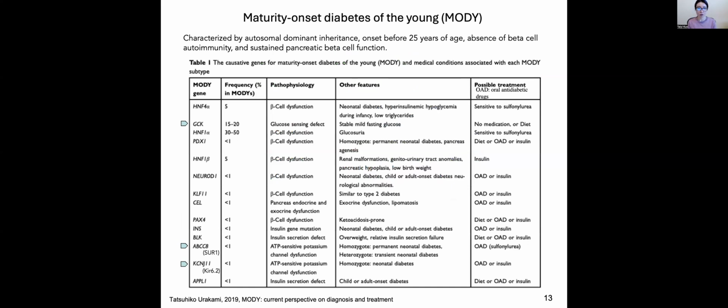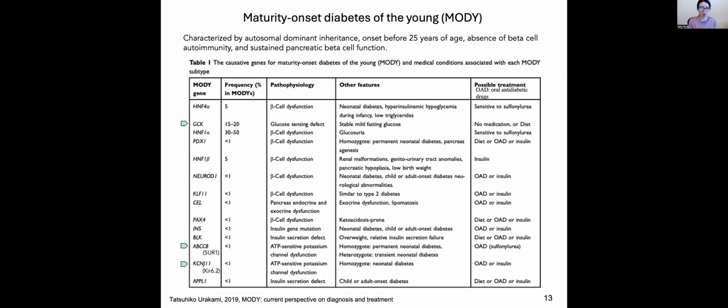Okay, so we talked about type 1 diabetes and type 2 diabetes. There is another type of diabetes called maturity onset diabetes of the young, or MODY for short. MODY is characterized by an autosomal dominant inheritance of a mutated gene.